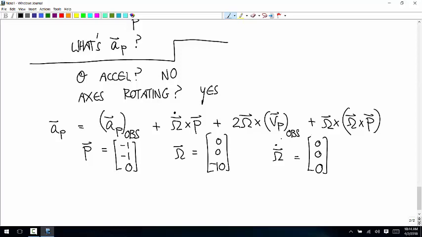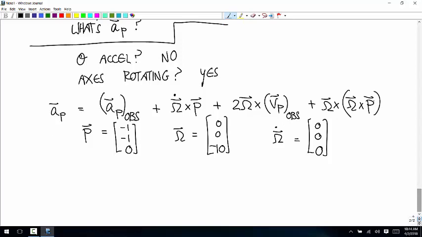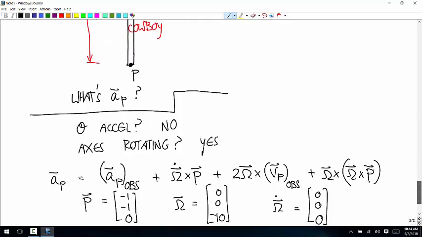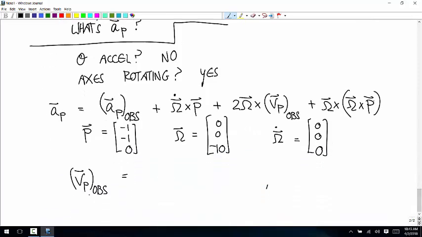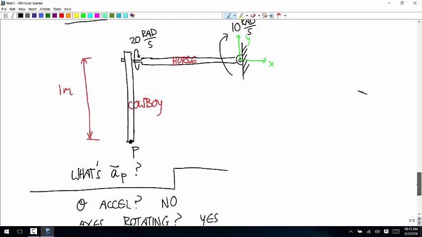And now we have to come up with the observed velocity and observed acceleration. So how do we calculate the observed velocity? Well, we don't even need relative motion on this because we're assuming that this frame is stationary.